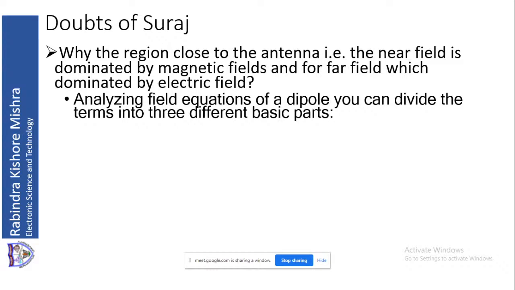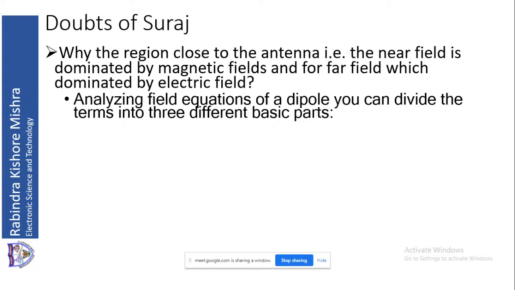Now, when we analyzed this, we saw that the field for a Hertzian dipole has 3 components: E_r, E theta and H phi. E_r is the radial component, E theta and H phi are the transverse components. E_r gives you the direction in which it is moving.